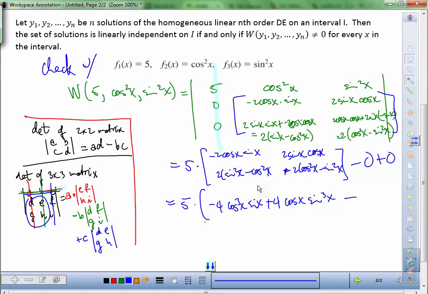So the diagonal, and then minus, so there's a minus sign while you're doing the determinant, and then the wings would be 4 sine cubed x times cosine x minus 4 sine x cosine cubed x.